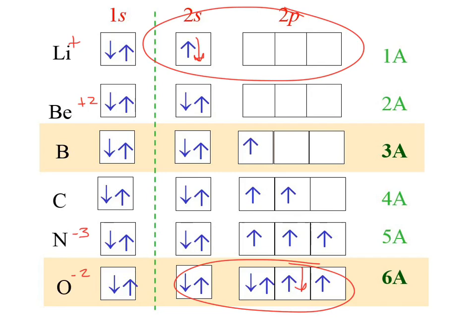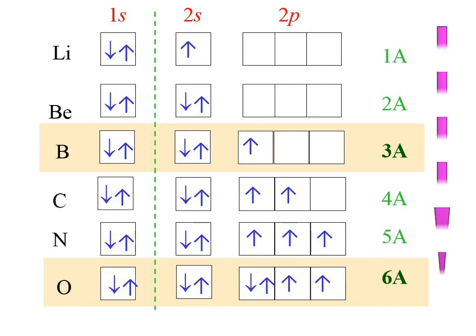And boron and carbon, I don't know, they could go either way. So going across period 2, notice that electron affinity increases as you get closer to the oxygen. I almost said closer to the chocolate.